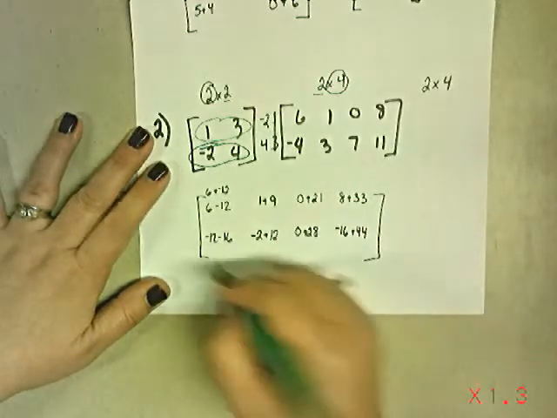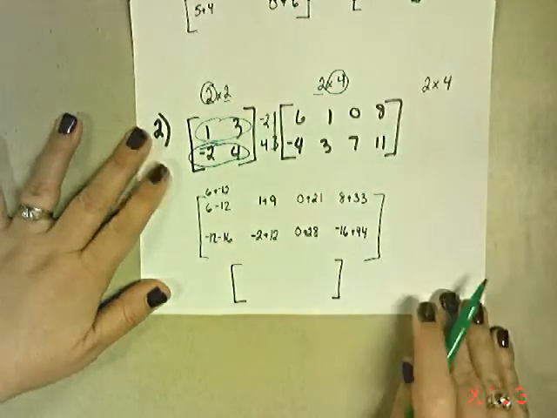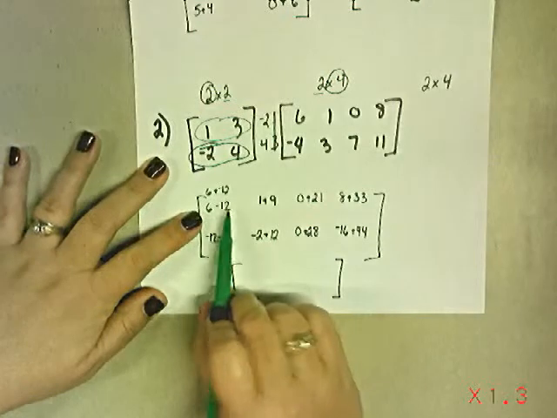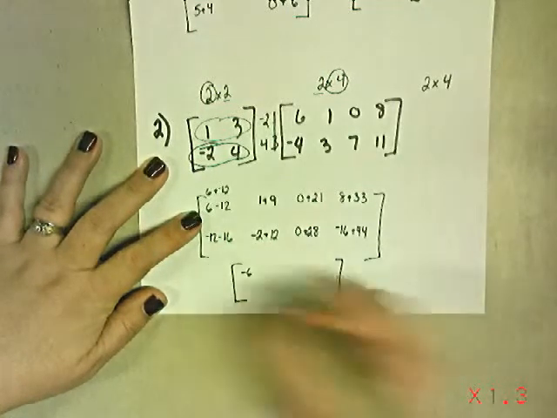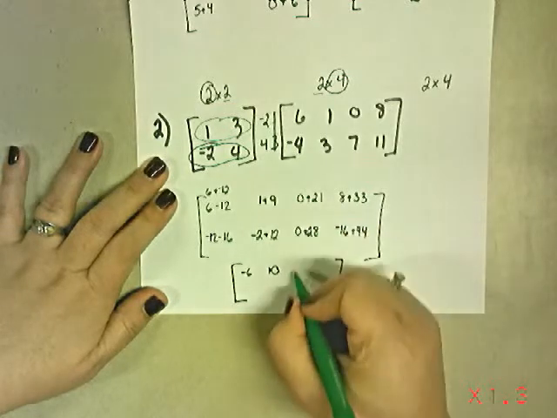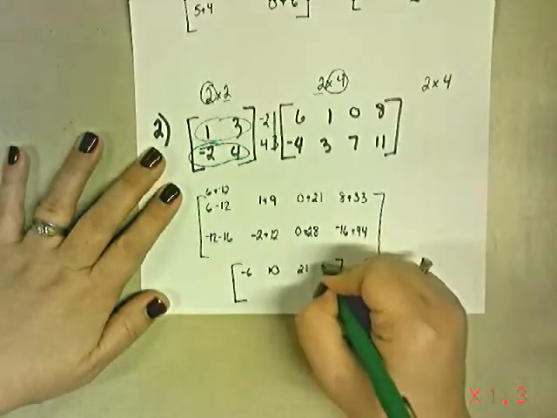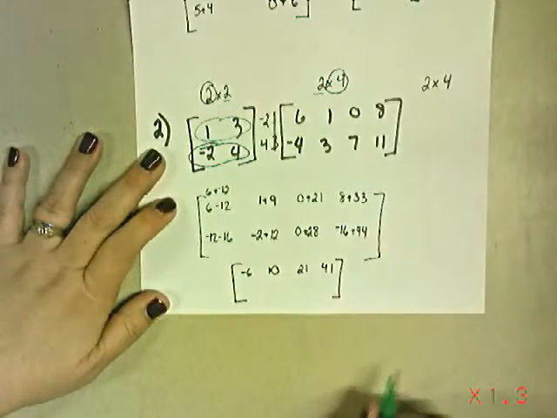And then we just need to clean these up so that we can get a nice answer that looks semi-normal. 6 and negative 12 is negative 6. 1 plus 9 is 10. 0 plus 21 is 21. 8 plus 33 is 41.